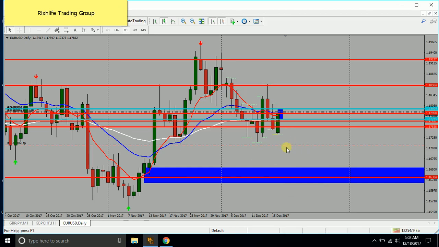Midweek, the initial trade that we're in is for a target of 1.1700. Overall, for the week, we can expect price to come down into here to the 1.163 level. All right.